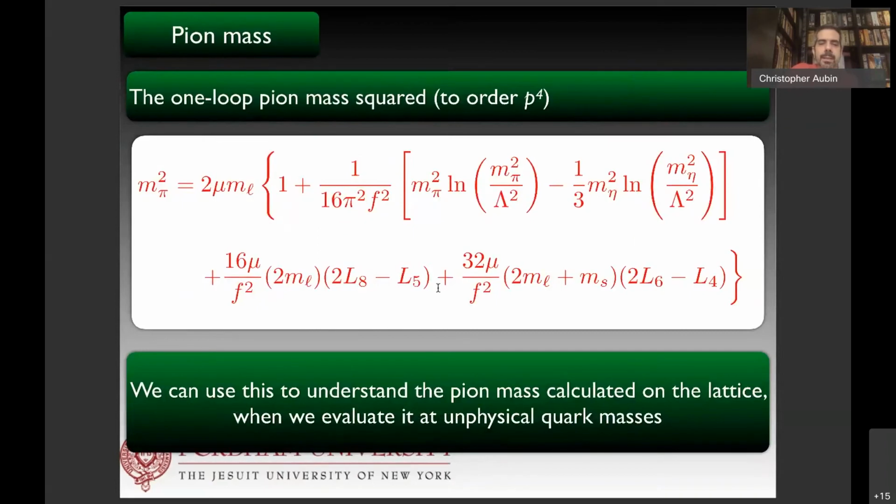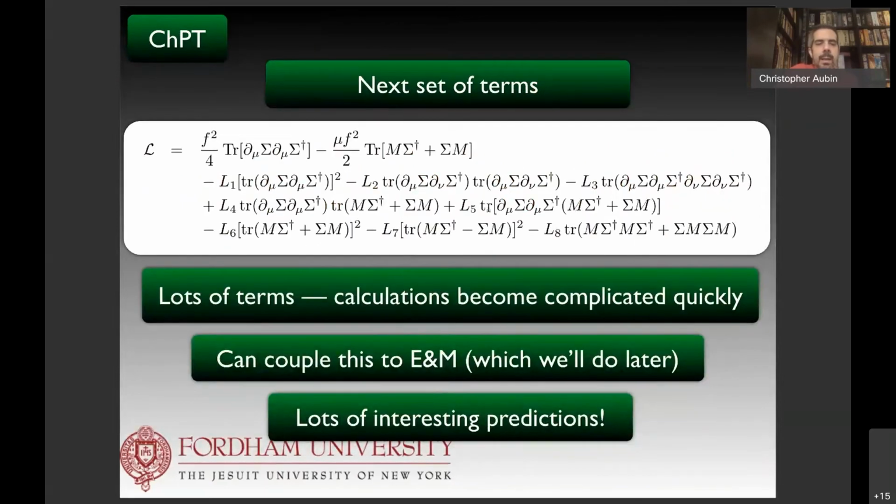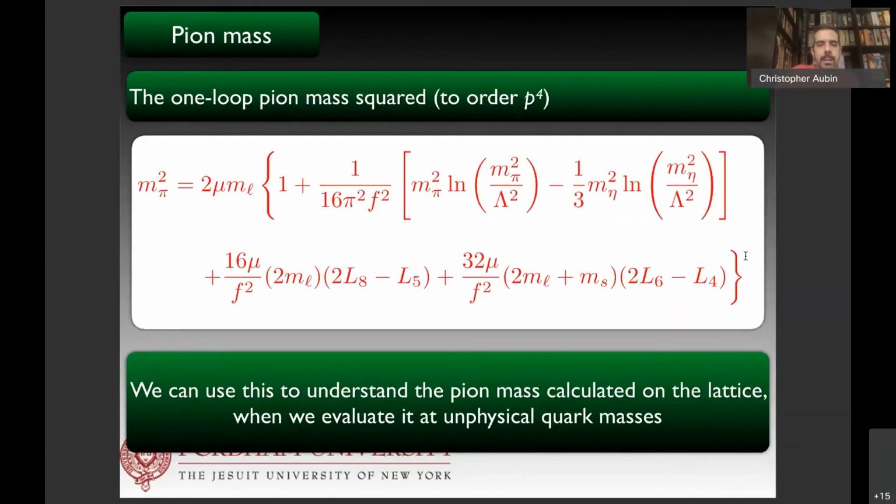So you see on this slide, I'm going to go back and forth to make you dizzy, these constants, L4, L5, L6, L8, are appearing on the second line here. Okay. And remember, of course, in nature, we can't change the pion mass. We can't change the quark mass values anyway. But on the lattice, we can. And in fact, we often will have to, because computationally speaking, it's more expensive to decrease the quark mass.